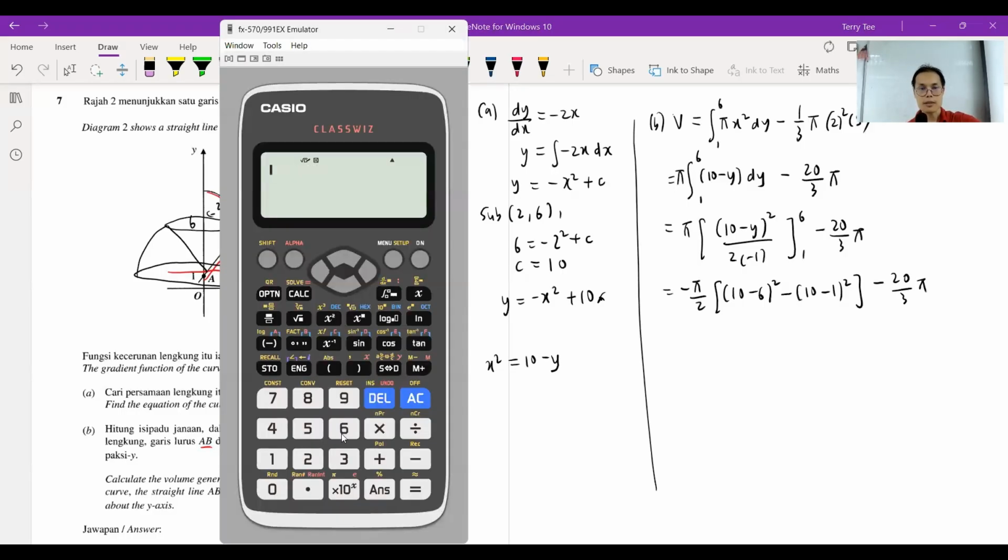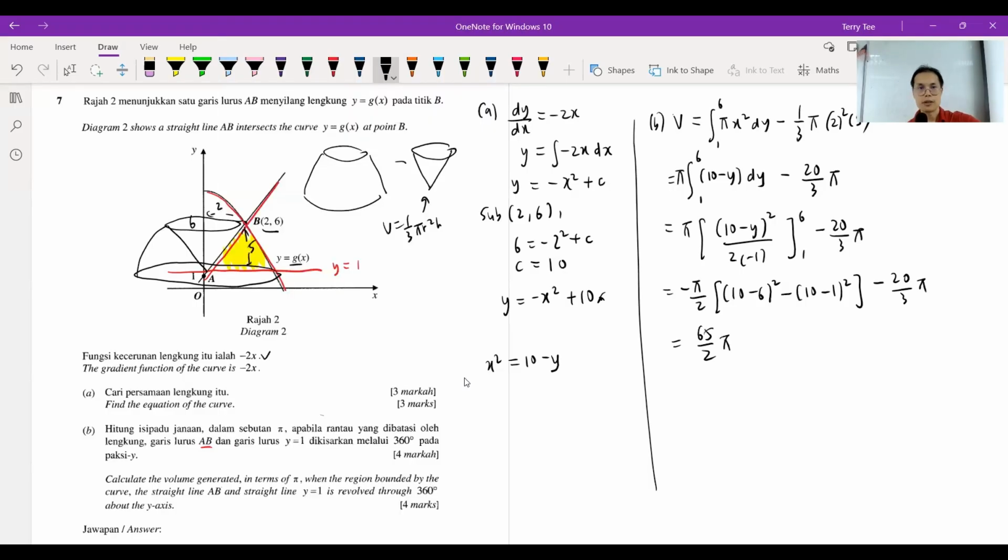Okay, so 10 minus 6 is 4, 4 squared, minus 10 minus 1 is 9, 9 squared. 4 squared, 16. 9 squared, 81. You can just write 81. So whatever I get, I divide by negative 2. I should get 65 over 2. So volume of integration, this part, is 65 over 2.